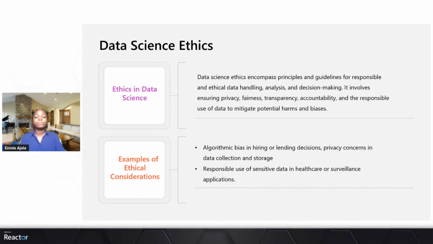Let's say you build a model for a financial company, and the model is very biased in the sense that it recommends loans only to some particular race or gender. A biased model is not a good model, and that is not the ethics of data science.